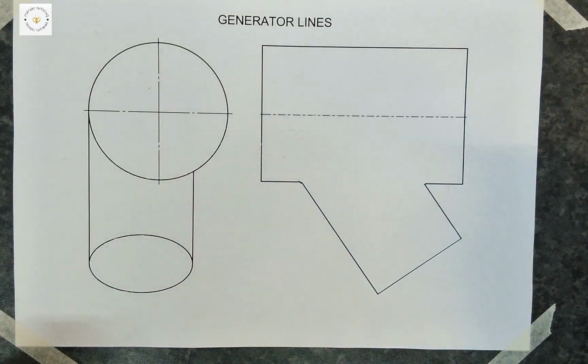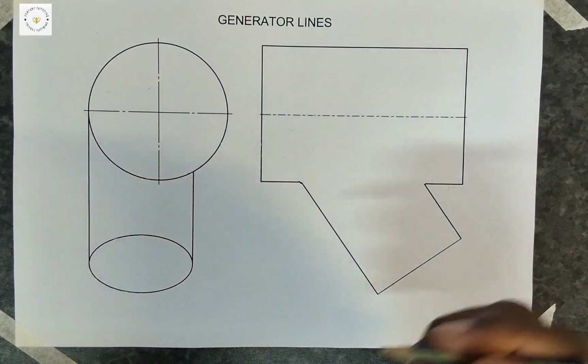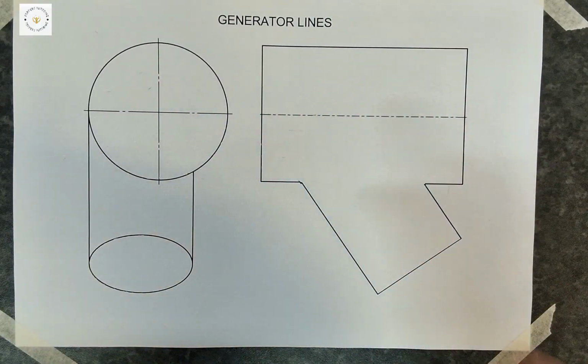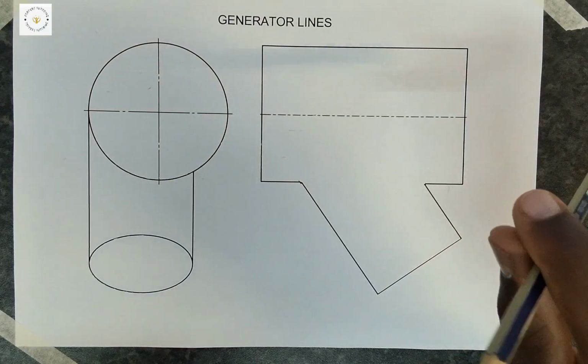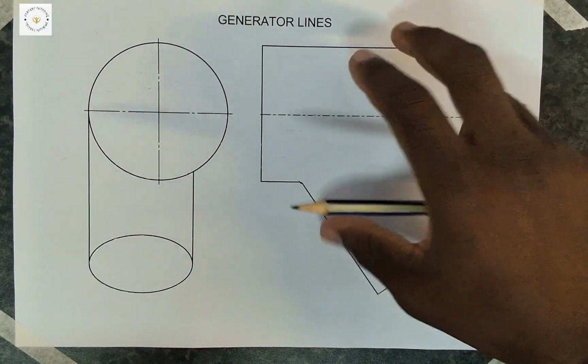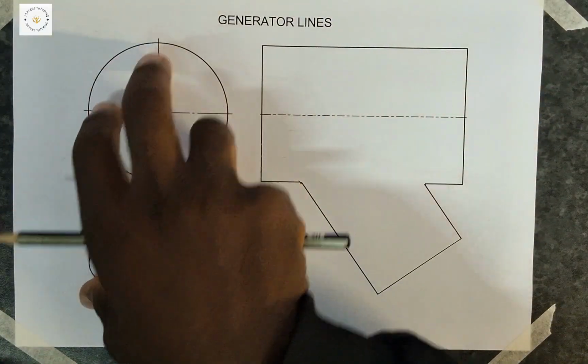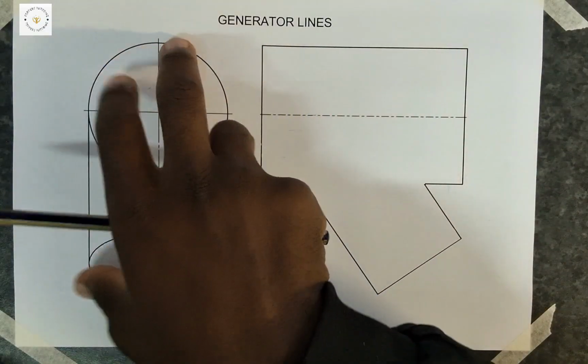I will try to be a bit fast so that we don't use up space on my device, and we don't want to make this too long. So what are we going to start with? First of all, we want to do penetrations on the shape. This is your basic shape. I'll say this is your top view, right?